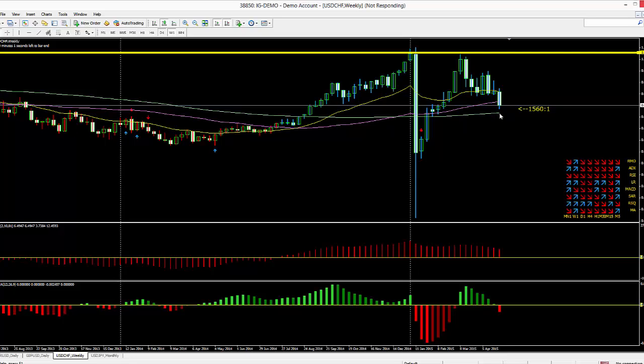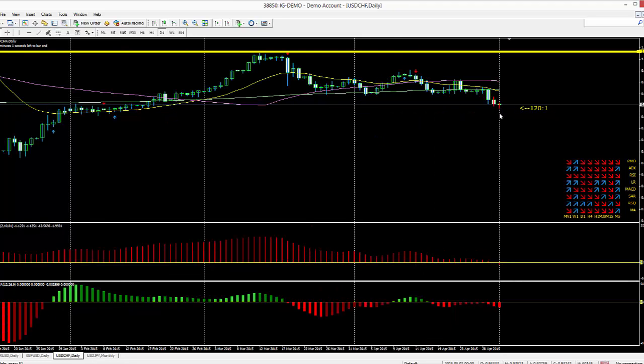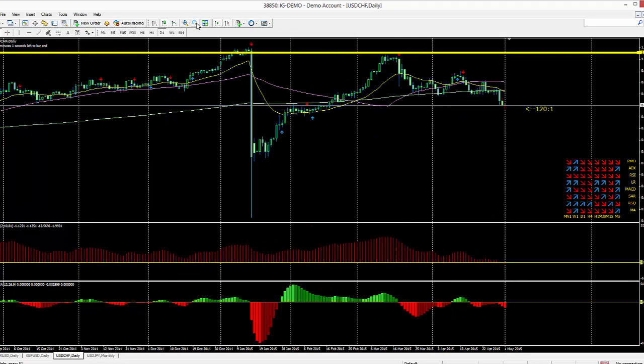But saying that, we have a lot of data out for the first week of a new month, which would be non-farm payroll figures, and they expect the figures to be positive. So if we see a lot of negativity through the month of April, that would have a total opposite effect on what we're seeing at the moment in terms of price action.